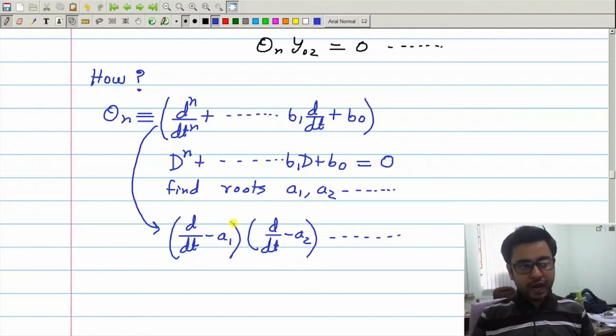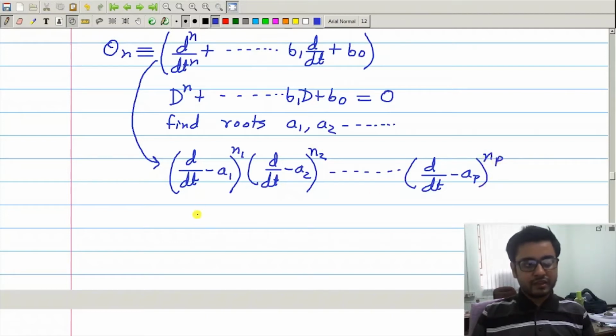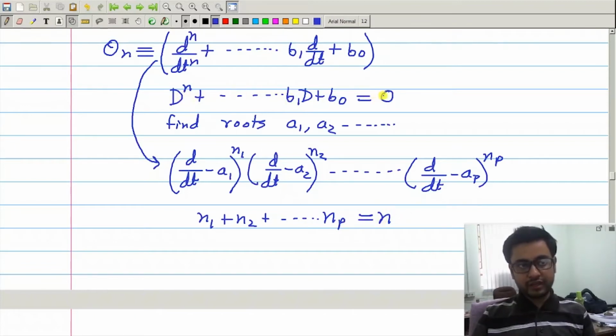If these roots are repetitive, say a1 repeats n1 times, a2 repeats n2 times, and say the last one is d/dt minus ap, which repeats np times, then the total n1 plus n2 plus np should be equal to n. That is the total number of roots of an nth order polynomial equation.